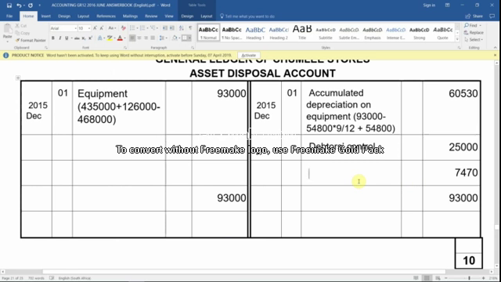And so we credit asset disposal. We will therefore have to debit another account. On the debit side, expenses increase, so this will have to be a loss. So it's a loss on sale of asset.